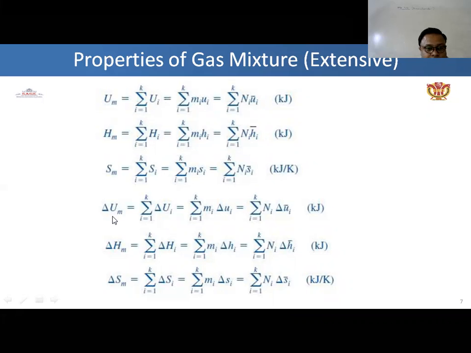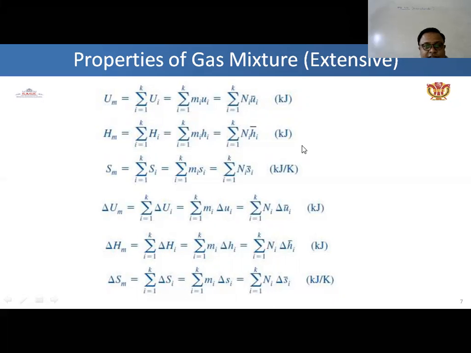The change of internal energy of the mixture is represented in mathematical form here. Similarly, the change of enthalpy of the mixture and the change of entropy of the mixture are represented in mathematical form.